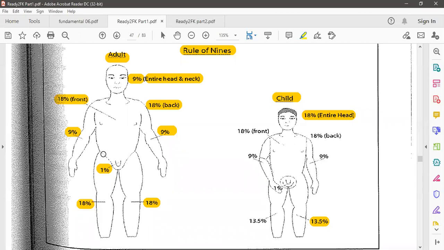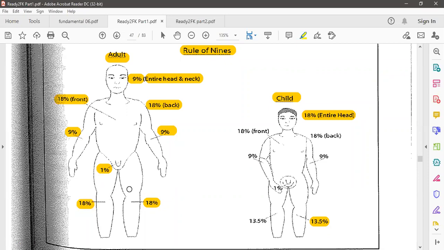For example, left lower extremity anterior, 9%. Left lower extremity posterior, 9%. And entire left leg anterior and posterior is 18%. 9 multiplied by 2 is 18, rule of 9.